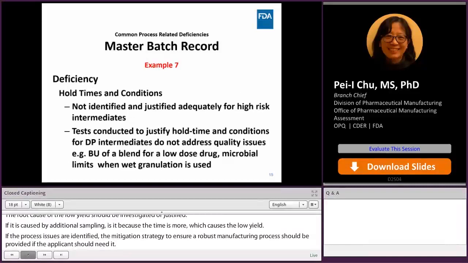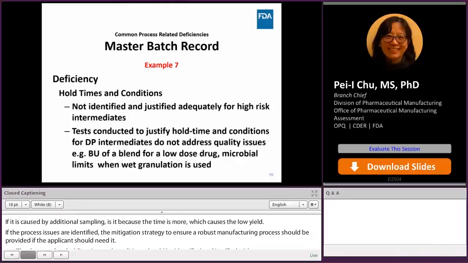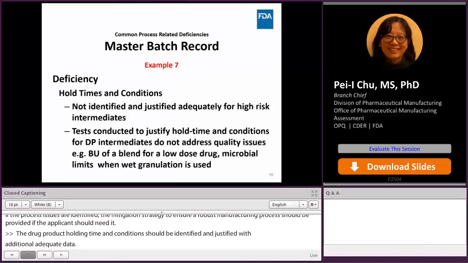The drug product intermediate hold times and conditions should be identified and justified with adequate data. The test that's conducted to justify the hold times and conditions should address the quality issues.